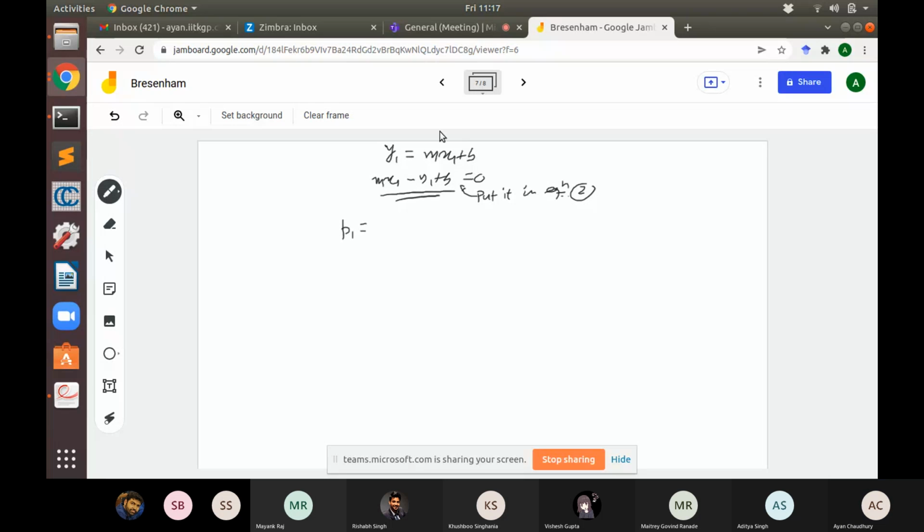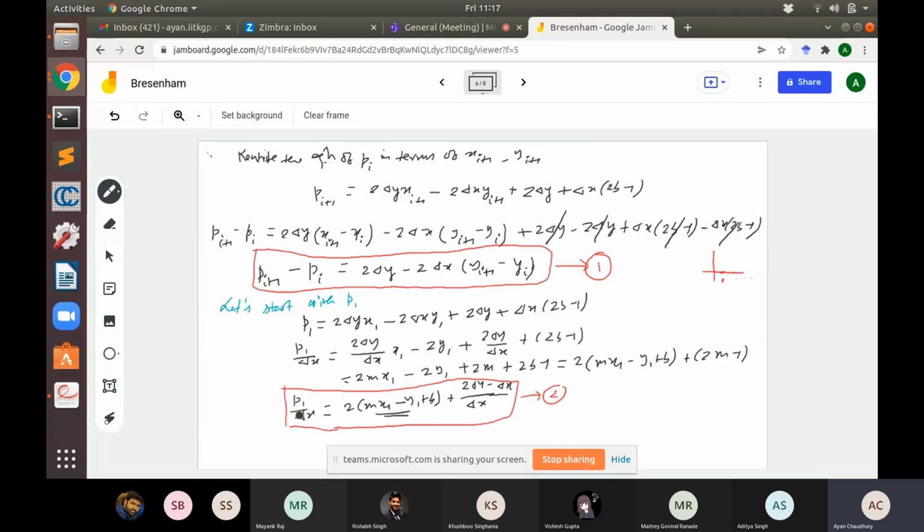P1 is equal to, see that here there is a delta x. If I multiply this here, this delta x will get cancelled, so this term gets cancelled out.